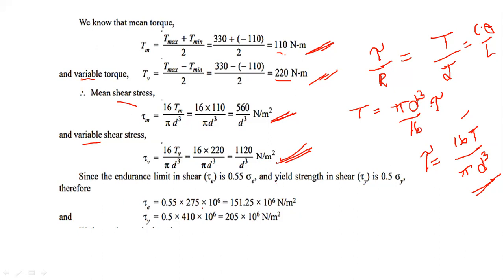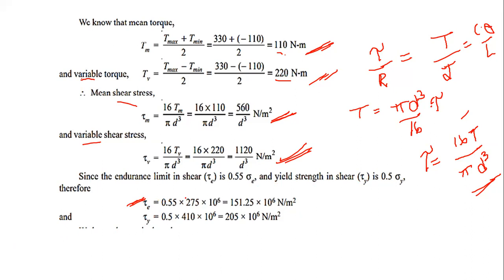These details are not given in our question, but you have to consider the endurance limit for shear. Tau E is the endurance limit for shear. That is sigma E into Ks.